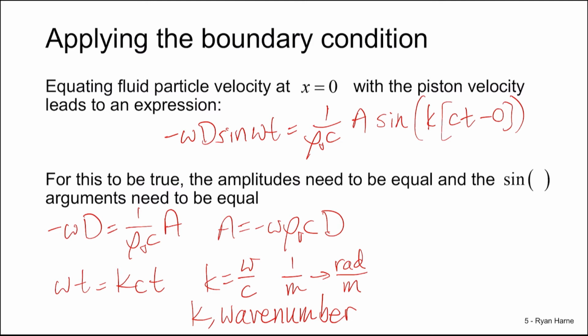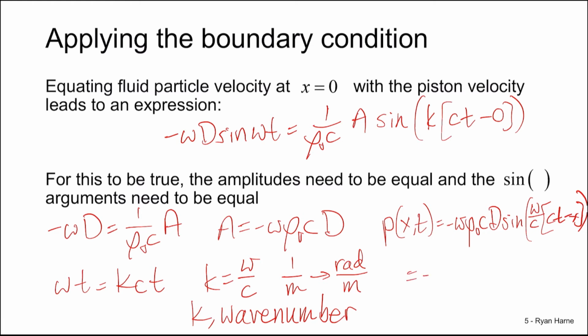So summarizing what we found, the acoustic pressure P as a function of x and t is minus ωρ0cD sine as a function of ω on c multiplied by (ct minus x). So we can simplify this last part and make it minus ωρ0cD sine of the quantity (ωt minus kx).